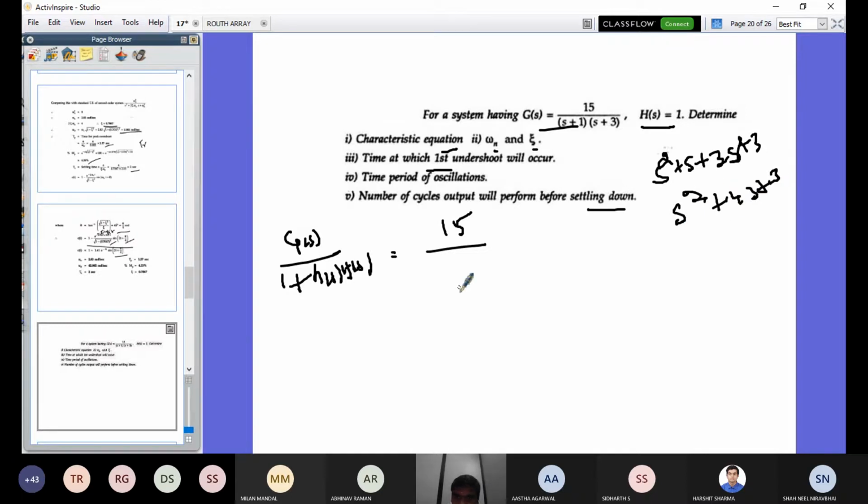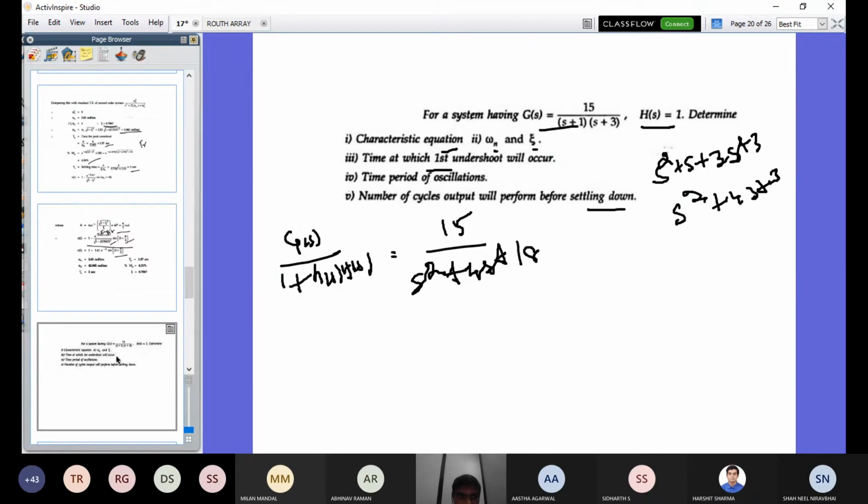Correct, sir? So in the denominator we have s square plus 4s plus 3, and along with that you can add 15. So we will get s square plus 4s plus 15 plus 3 is 18. Correct? This is the closed loop control system transfer function.